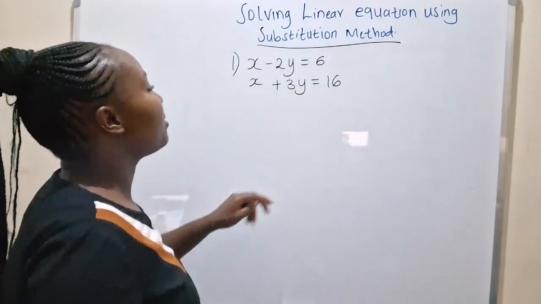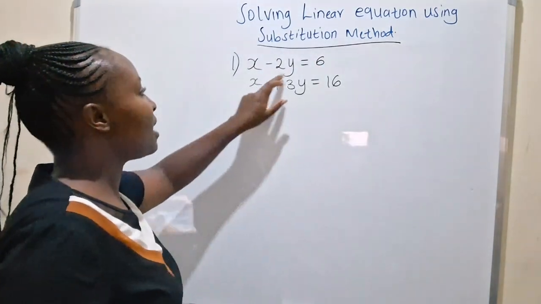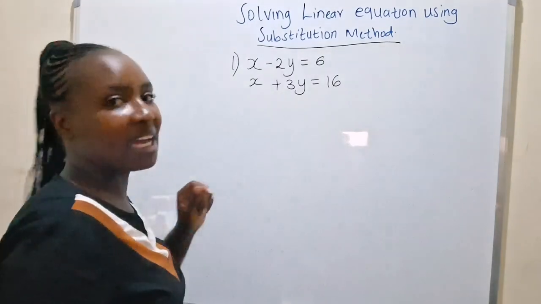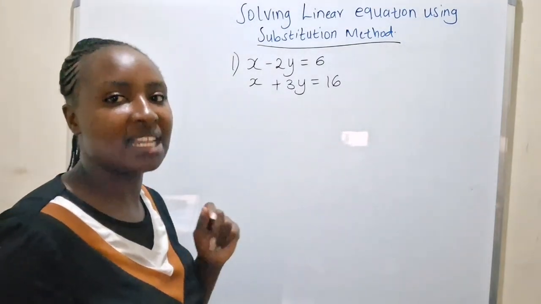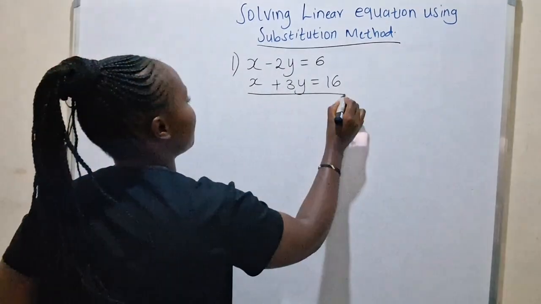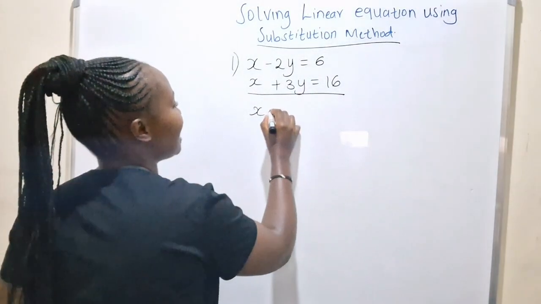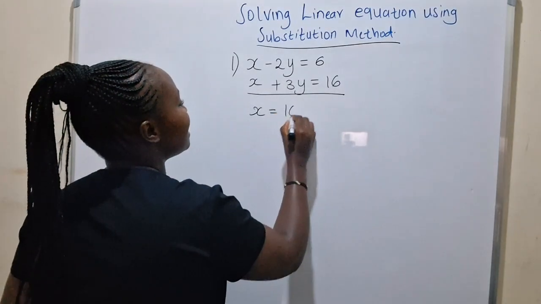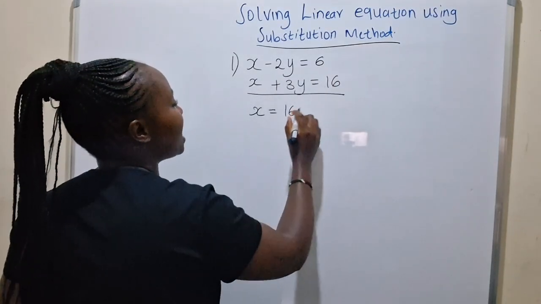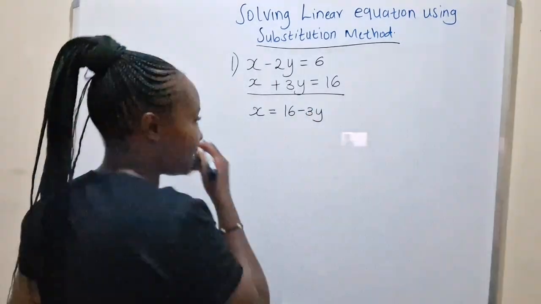Now, the number one thing with the substitution method is that you pick one equation and make one unknown the subject of that equation. What do I mean? If I pick this equation, then I will make x the subject and say that x equals 16, and when this 3y goes to the other side, it becomes a negative 3y, right?